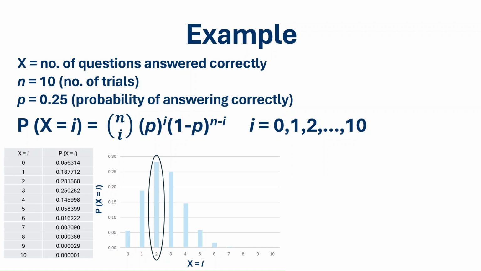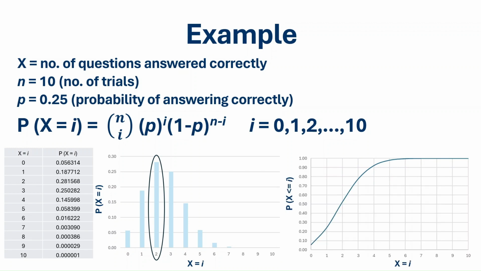Following on from this, what we can do now is plot a cumulative probability distribution. So it looks like the graph that has just been displayed. How we plot it is by summing up the different probabilities up to a certain value of x. Let's say we ask ourselves, what is the probability of getting less than 6 correct?